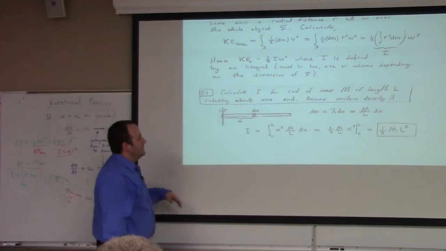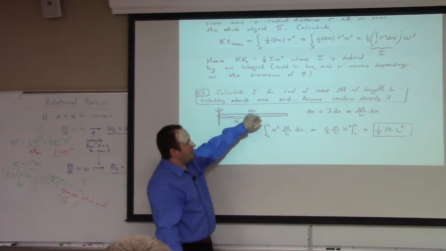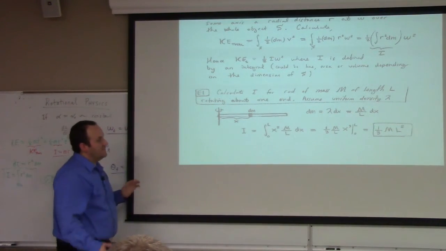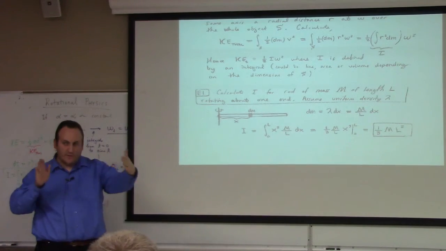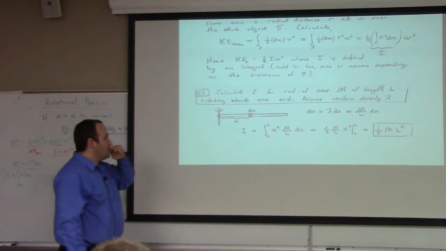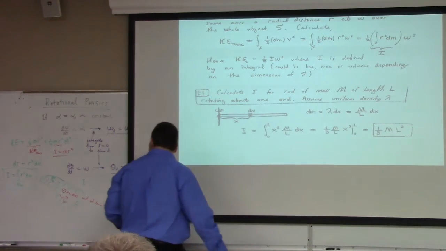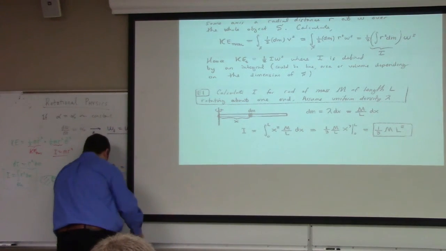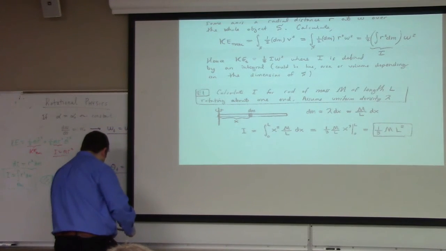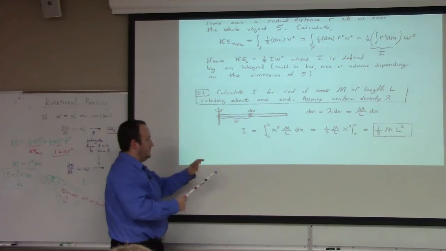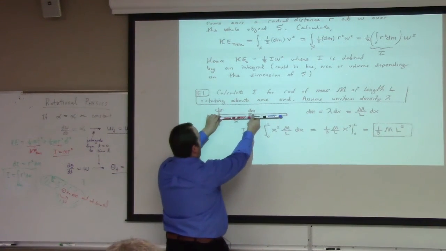Enough about that. So how about this? The moment of inertia for a rod of mass m, of length L, we're assuming that the mass is uniformly distributed along the rod. So here's a picture. I'm basically looking at it like we were doing a second ago, right? This thing, and it's rotating.